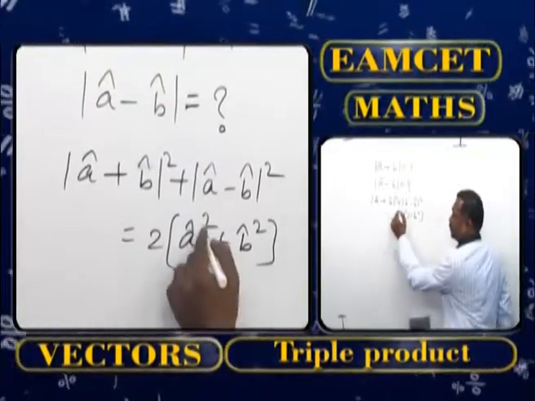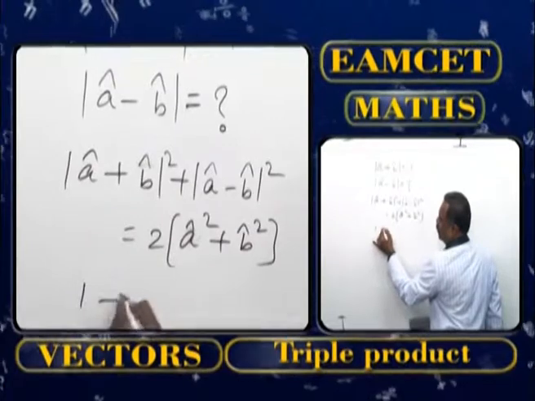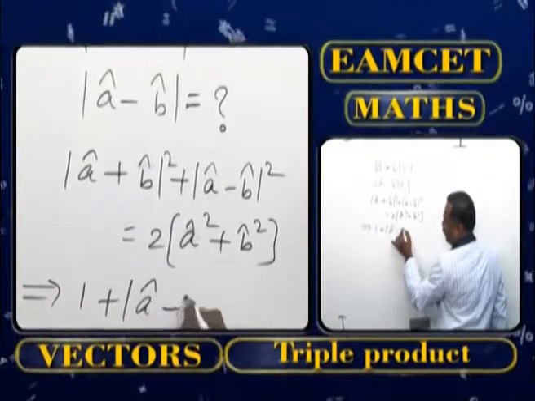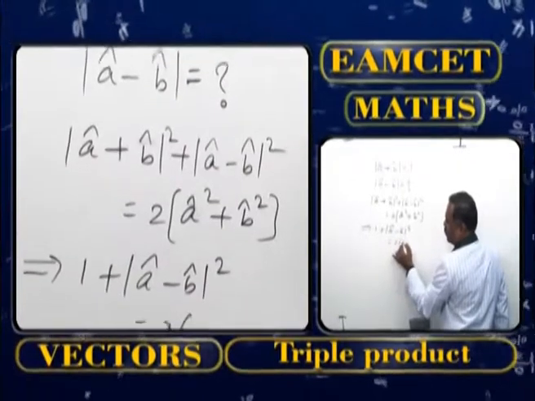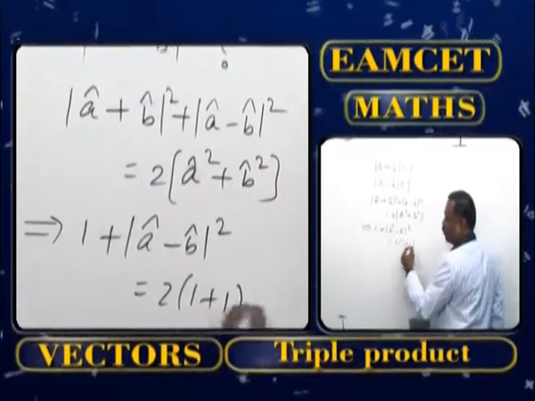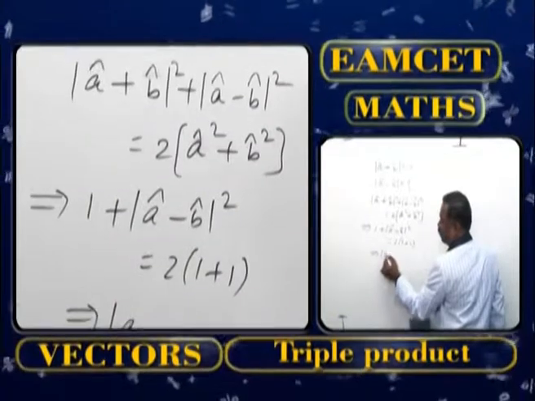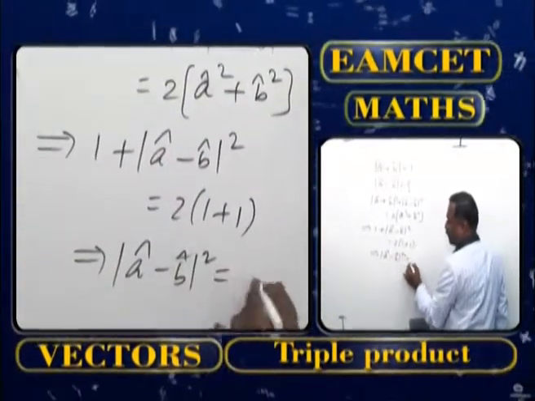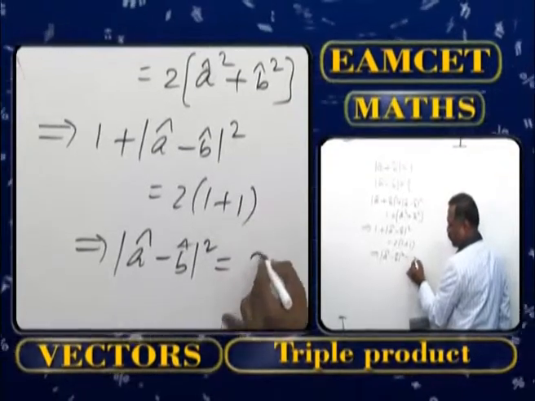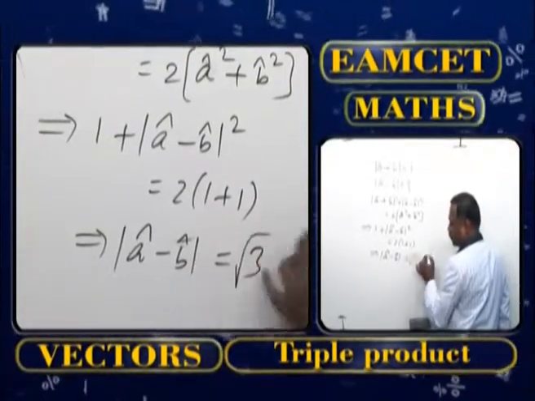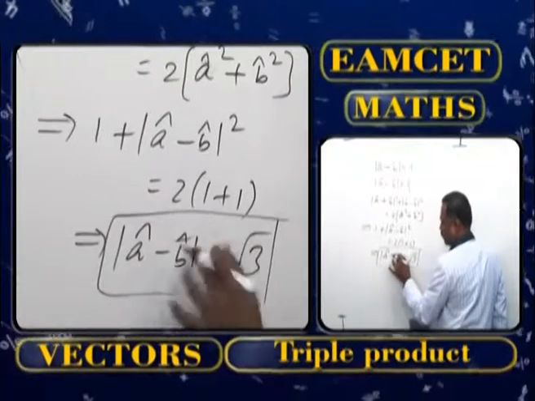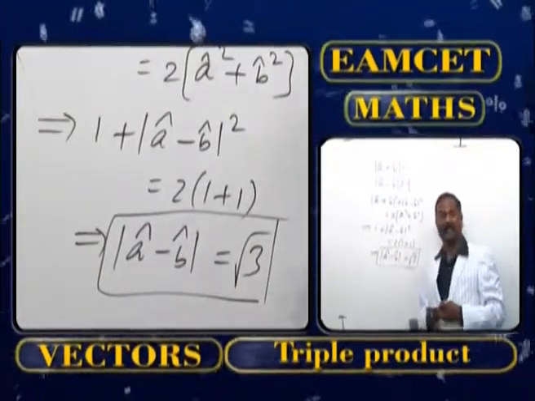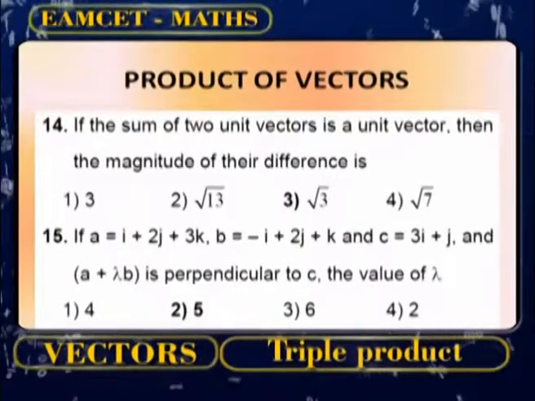So this is nothing but given to be 1 plus modulus of A cap minus B cap whole square is equal to twice of 1 plus 1. It is 4, and modulus of A cap minus B cap whole square is equal to 4 minus 1, 3. And if you want the magnitude of it, modulus of A cap minus B cap is nothing but root 3, please. The answer is root 3.